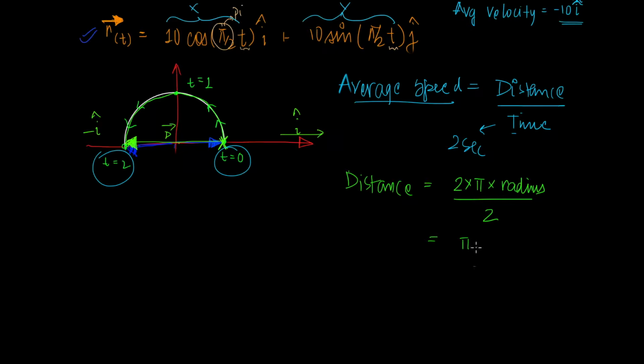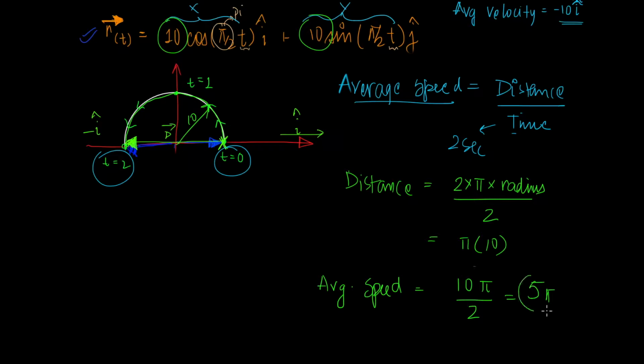That gives you pi times the radius, and the radius from what we already know would be 10. So the distance is 10 times pi, and the time is 2. That gives the average speed to be 10 times pi divided by 2, or 5 pi. So this is the magnitude of average speed. Let's write it here as well. Average speed is 5 times pi.